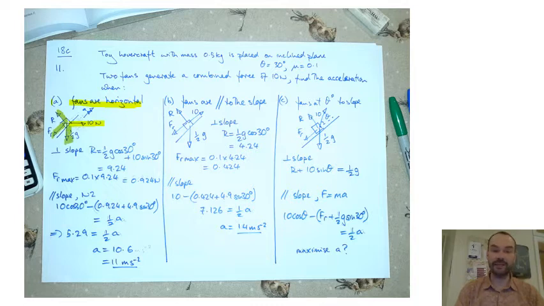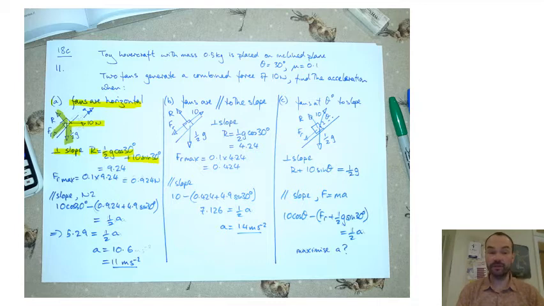Now, perpendicular to the slope, we still have equilibrium, but perpendicular to the slope, there are now three forces which have an effect. There's normal reaction, a component of the weight, and a component of the force of 10, the driving force.